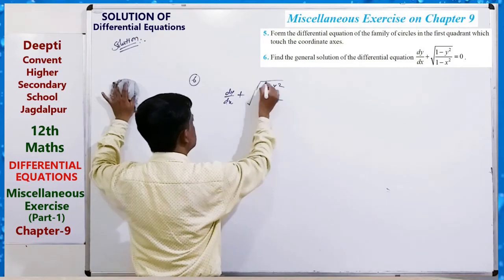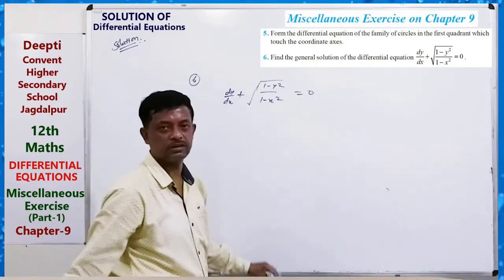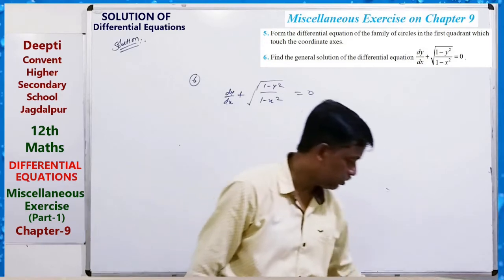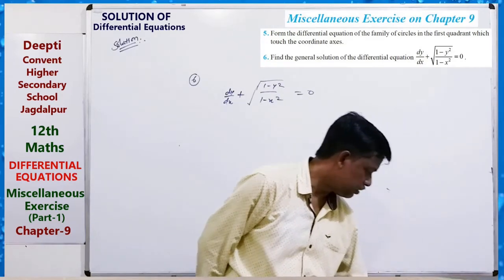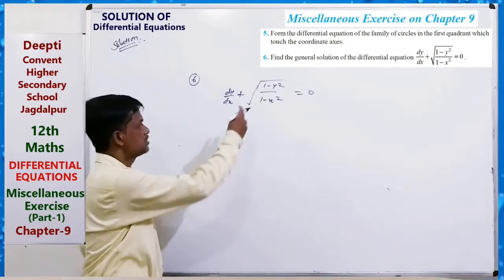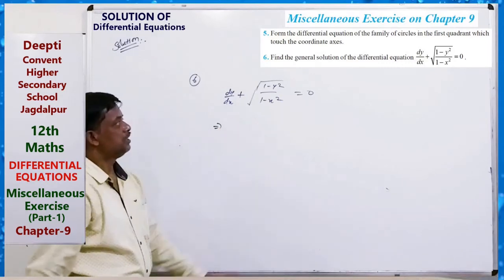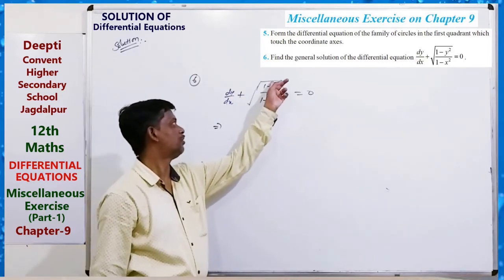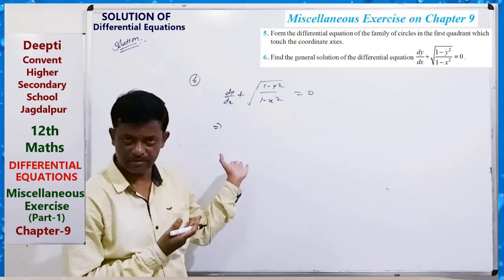It is also simple, because the variables are separable. This is the given equation. So from here it is very clear that y and x are separated; it is in variable separable form.